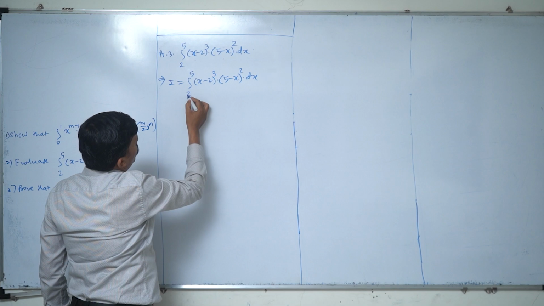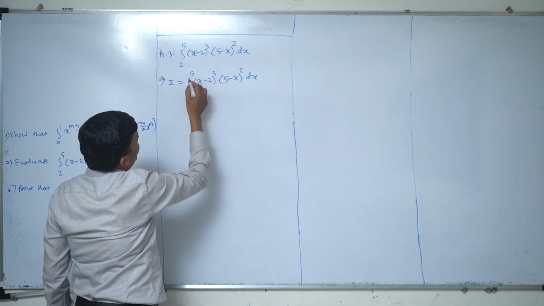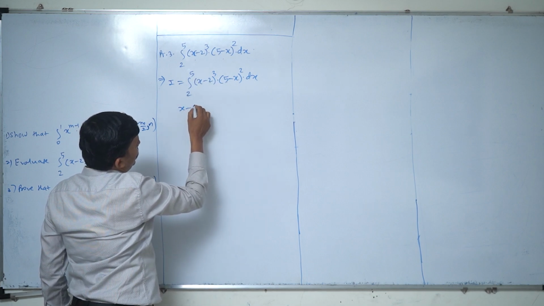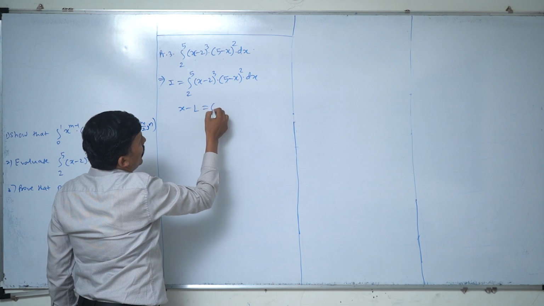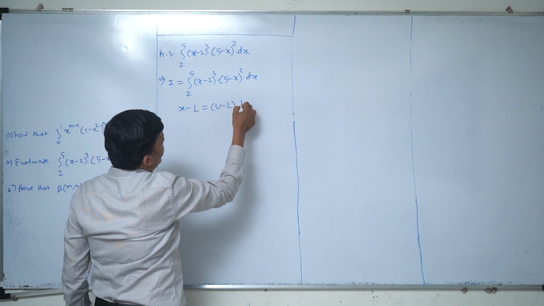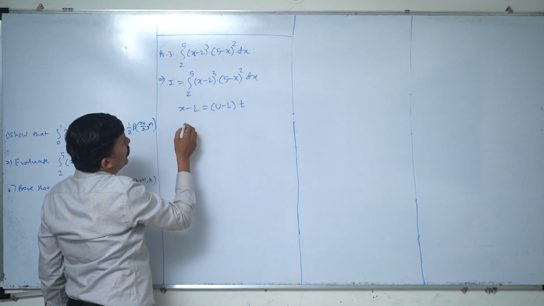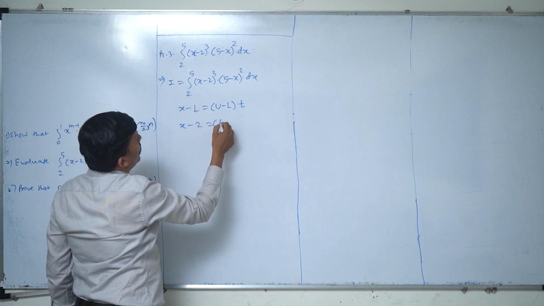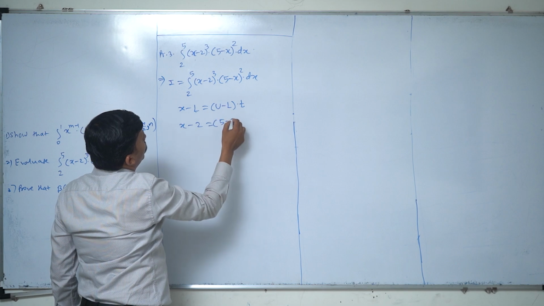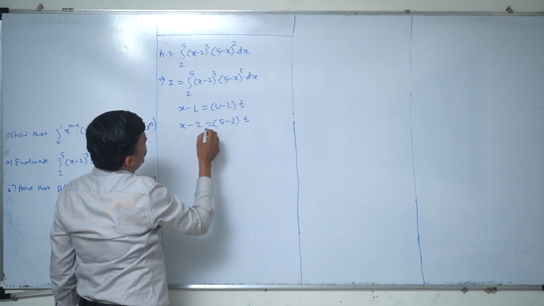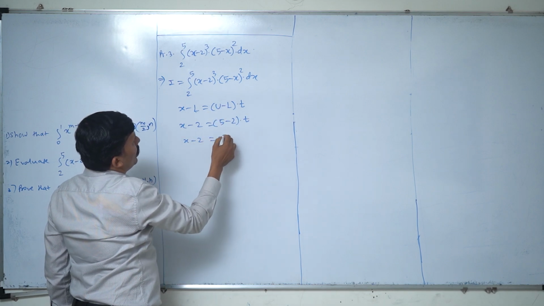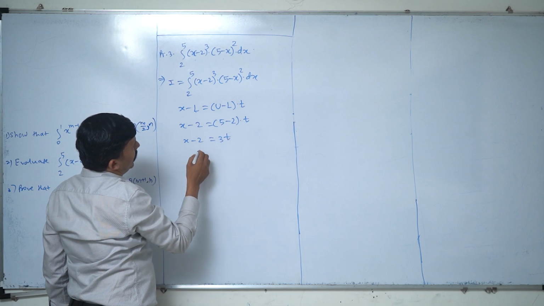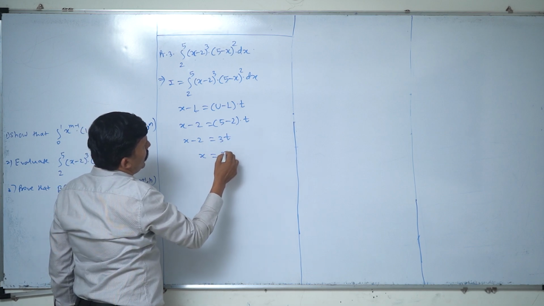Now this 2 is the lower limit, this 5 is the upper limit. So you can use this substitution: x minus lower limit equals upper limit minus lower limit into t. So lower limit is 2, upper limit is 5, minus 2 into t. So x minus 2 equals 3t. So x equals 3t plus 2.